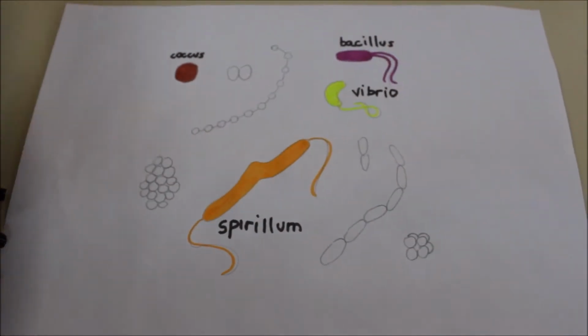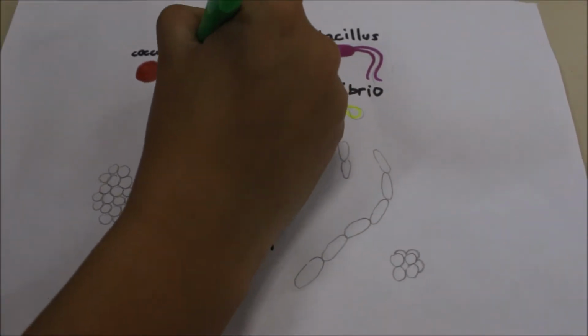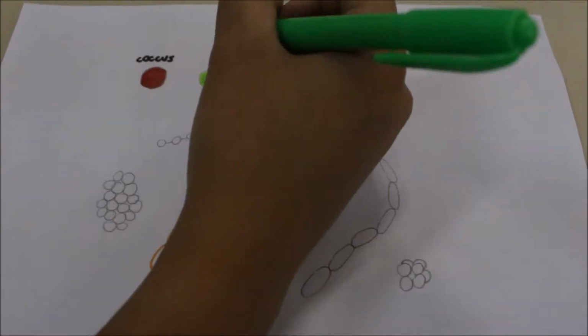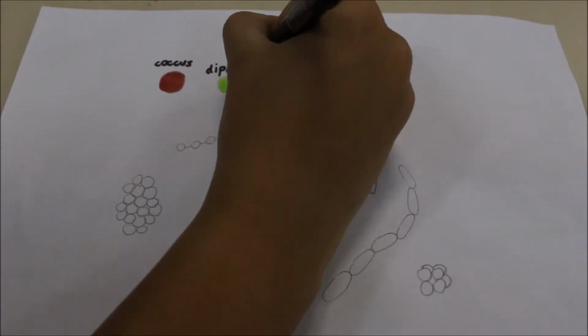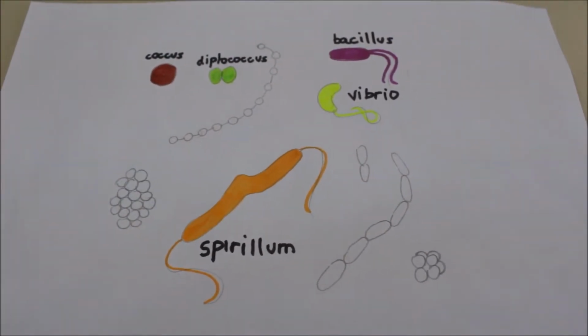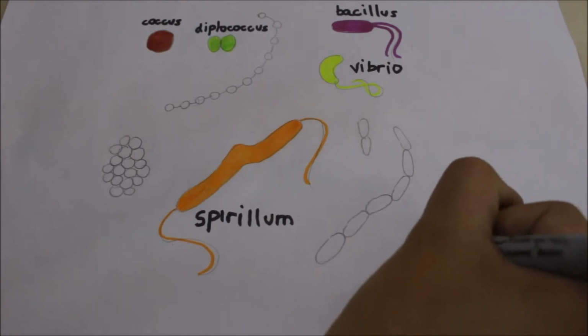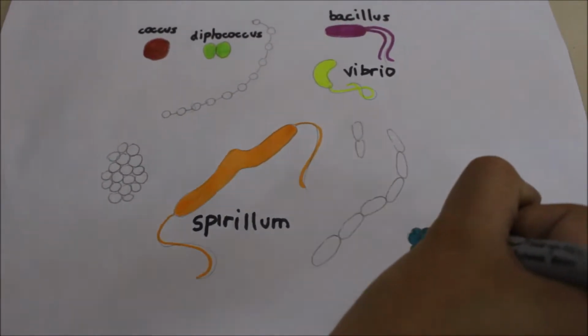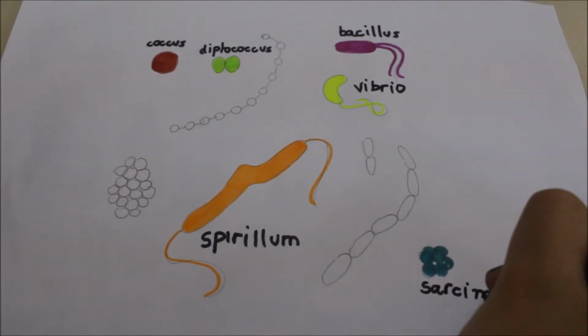Now talking about the bacterial clusters. When there are two coccus joined together side by side, the name is diplococcus. When there are 8 coccus joined together, not side by side, but forming a cube, the name is sarcina.